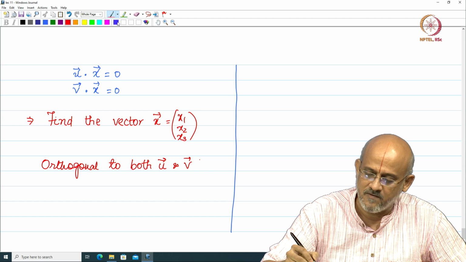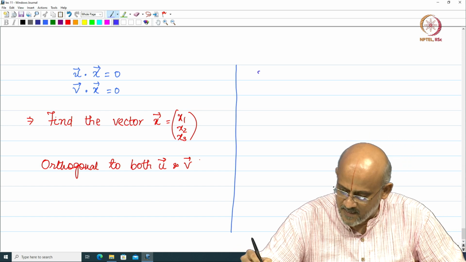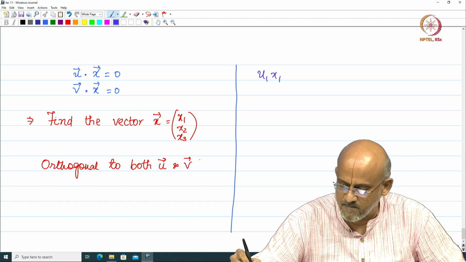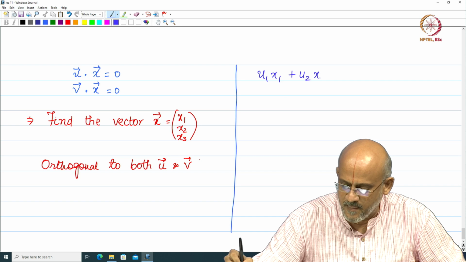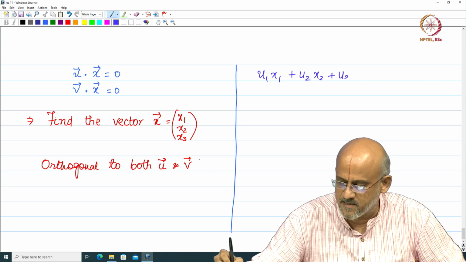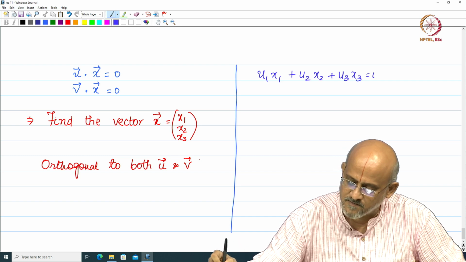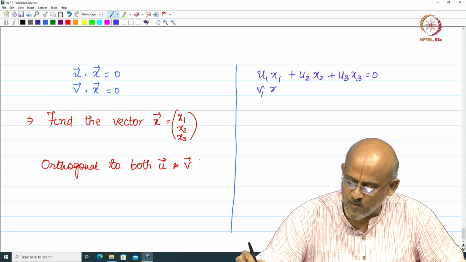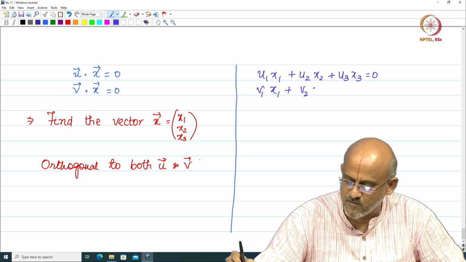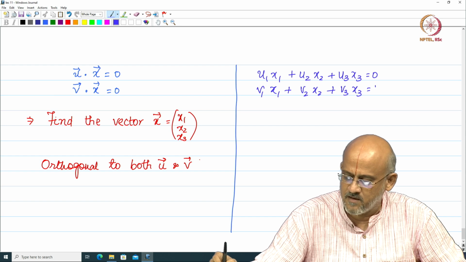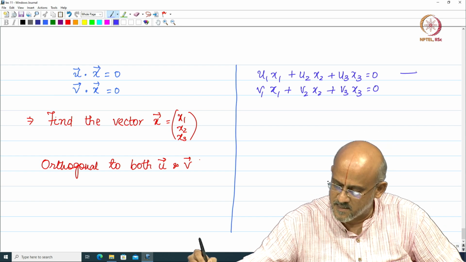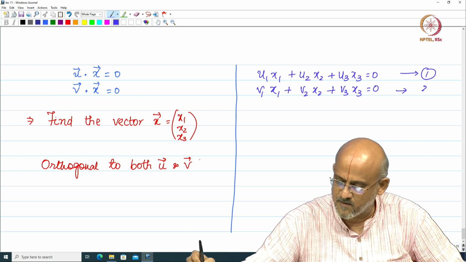So, we will take the help of our system of equations again. We had u1 x1 plus u2 x2 plus u3 x3 is equal to 0, and v1 x1 plus v2 x2 plus v3 x3 is equal to 0. Now, what are we going to do? Let us call this equation 1 and this equation 2.